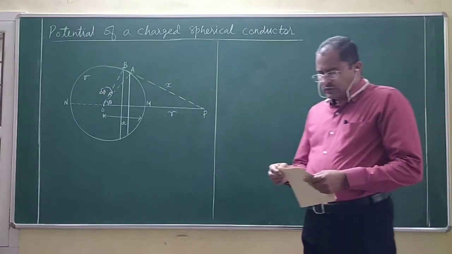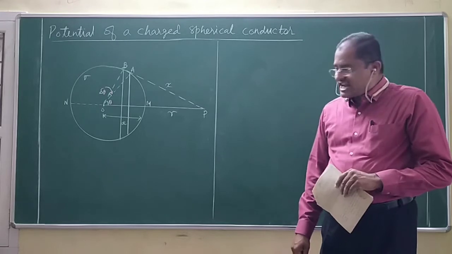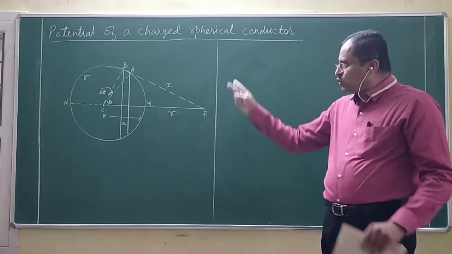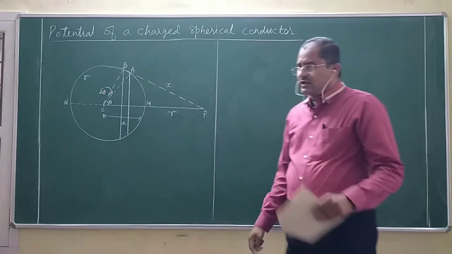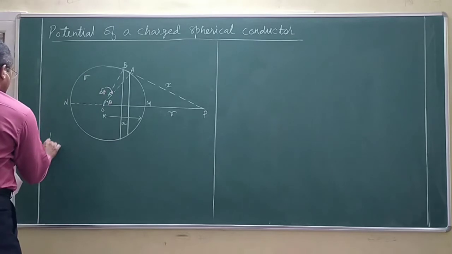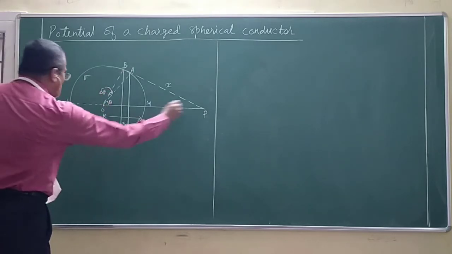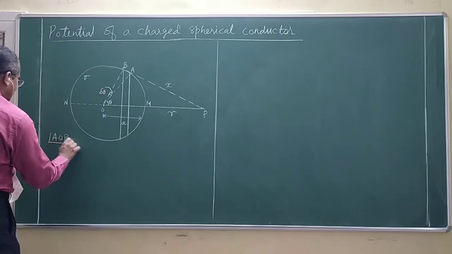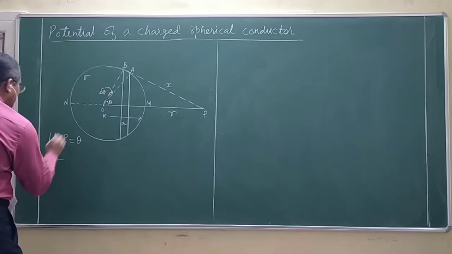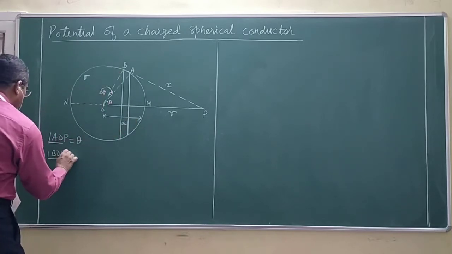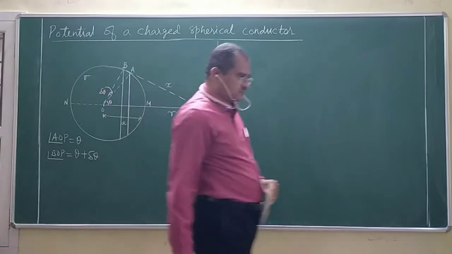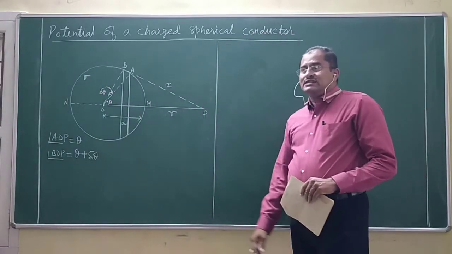In order to determine the potential due to this spherical conductor, let us consider two neighboring points A and B on the surface of the sphere such that angle AOP is equal to theta and angle BOP is equal to theta plus del theta. All these things I have told you only for the diagram.